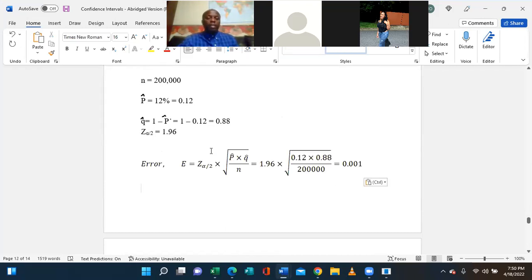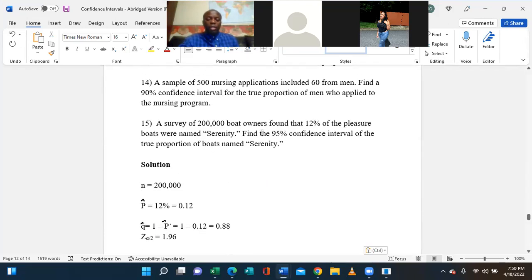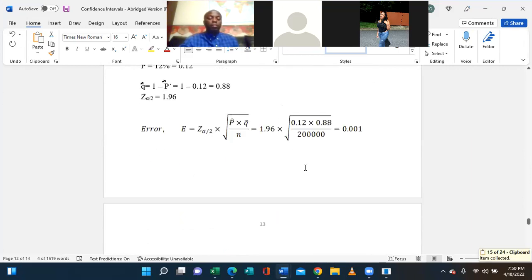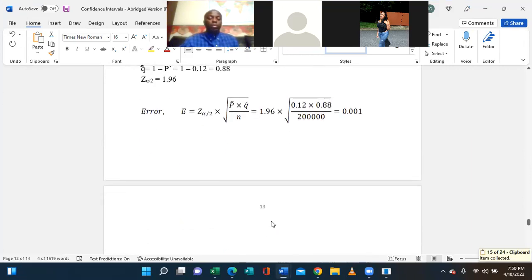So that's the 95% confidence interval. You subtract the error on the left side and you add it on the right side.